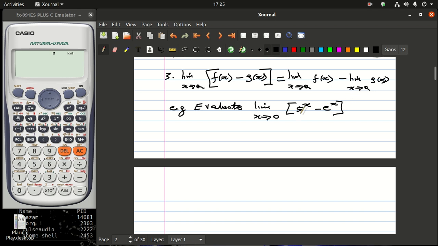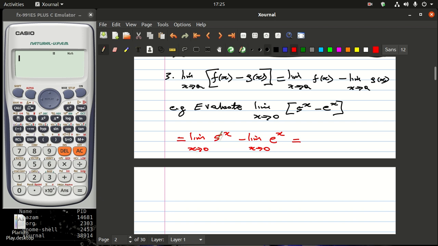To find the limit of this, I can say this limit is going to be the same as the limit as x approaches 0 of, I'm going to take this first one as one function, f of x, 5 to the power x, minus the limit as x approaches 0, and I'm going to take this function here as another function, g of x. So I'm going to end up having e to the power x.